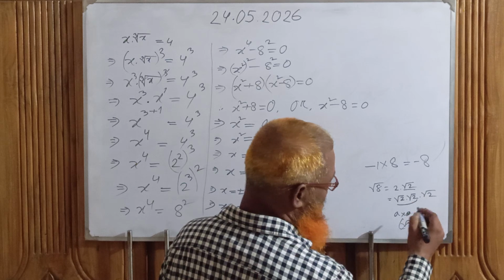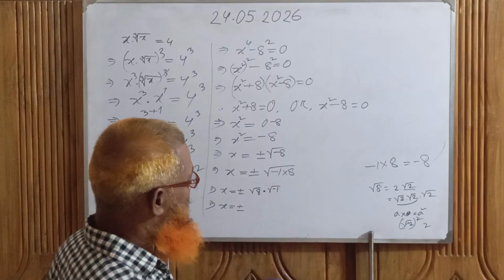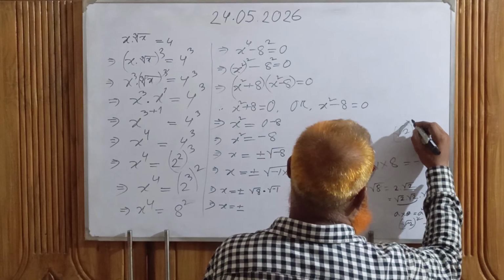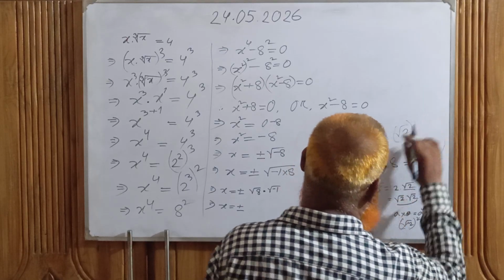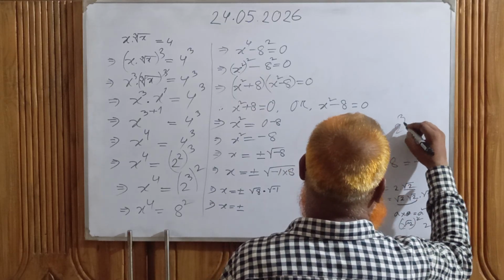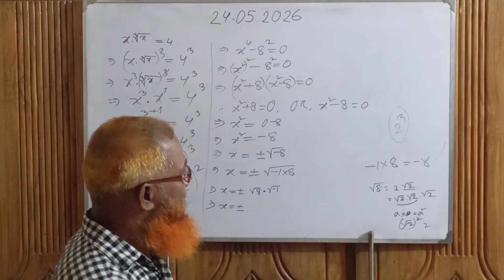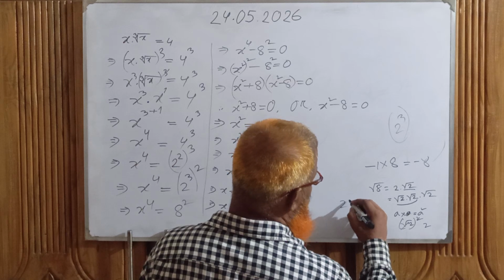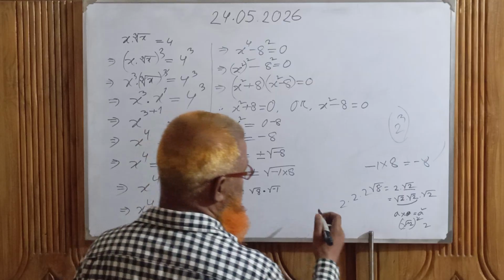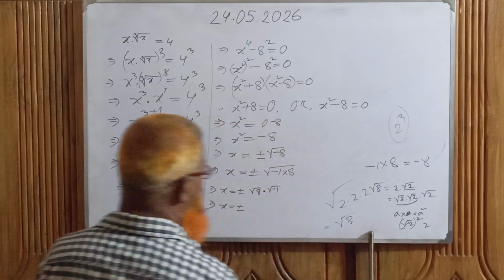That is 2 times root 2, and 1 more time root 2 makes 3 times root 2, that is root 2 cube. 2 cube equals 8, so 2 times 2 times 2, that is 8. So root 8 equals 2 root 2.